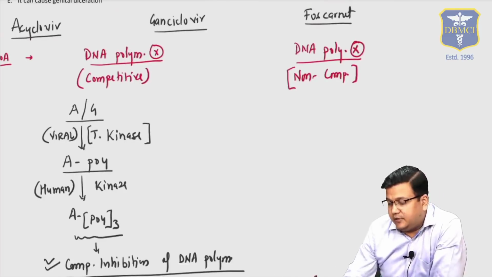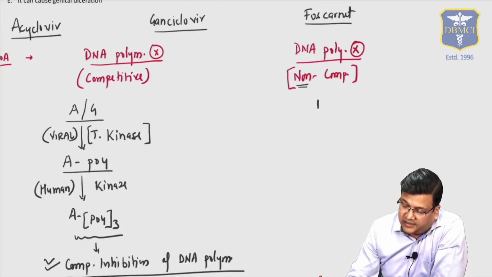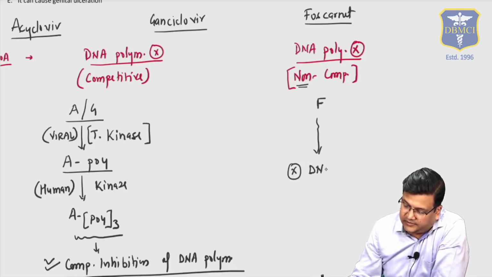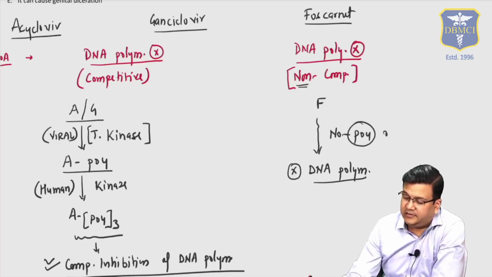Foscarnet, as told, is non-competitive. You give foscarnet, it goes inside the cell and directly inhibits DNA polymerase. No intracellular phosphorylation is required by foscarnet.